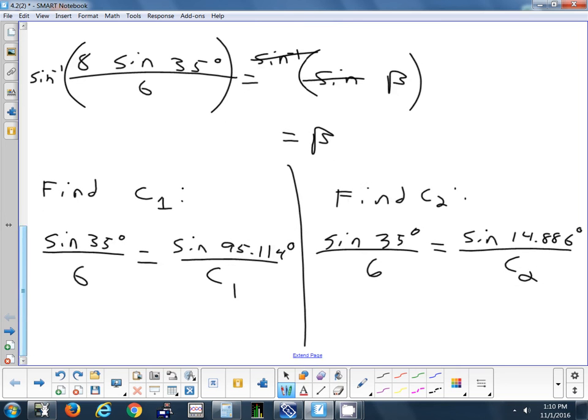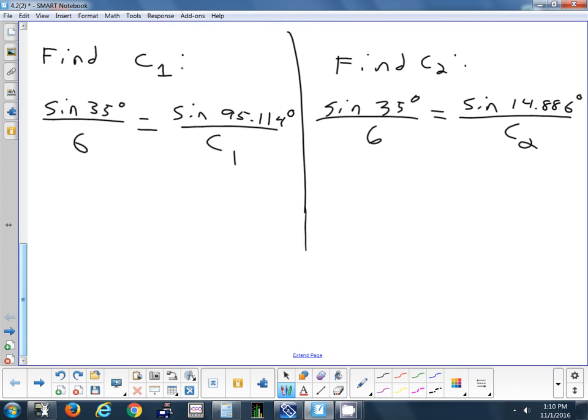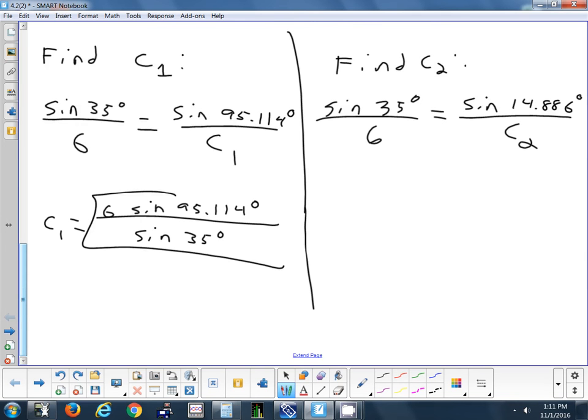Okay, and now we just solve each one exactly the same way. Cross multiply. And C1 is going to equal 6 sine 95.114 divided by sine 35. If somebody has a calculator and can type that in, I'll set it up for C2.